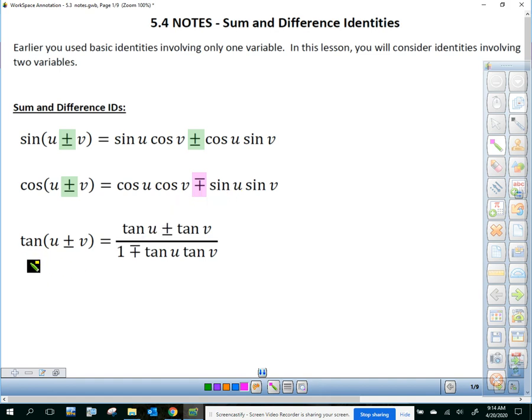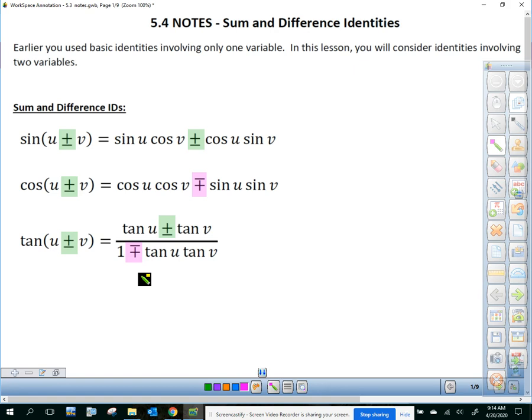And then for tangent of the sum or difference of something, similar idea. But notice tangent's a fraction. So you have tangent of two terms being added or subtracted. In the numerator, you keep the sign the same as it started, but in the denominator, it's the opposite of the sign.